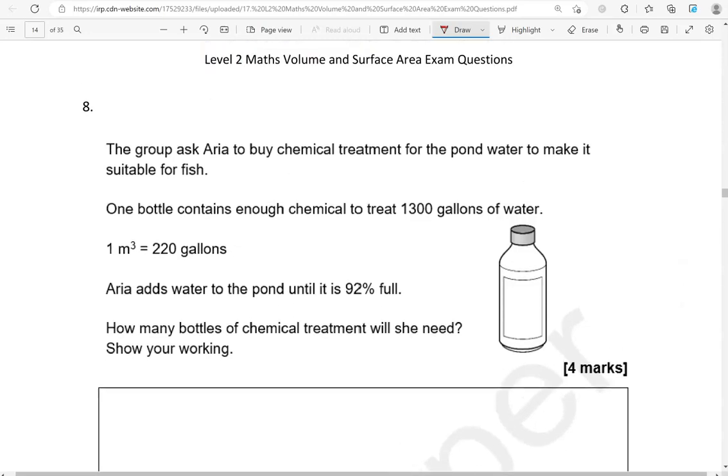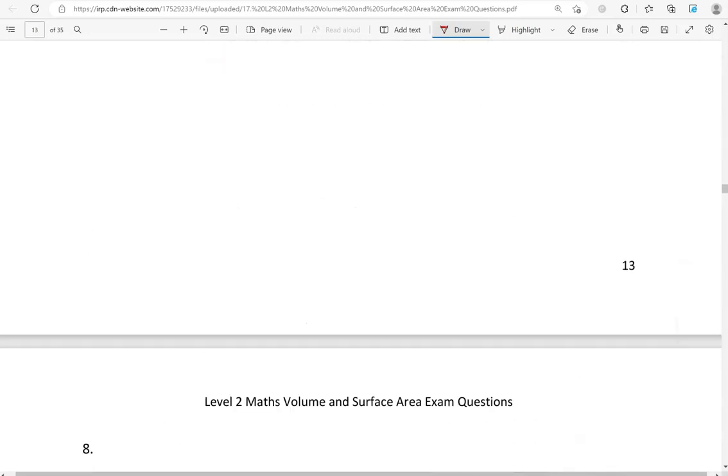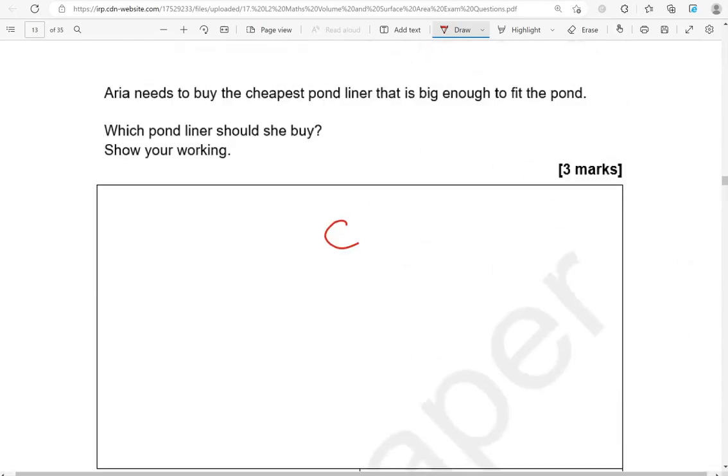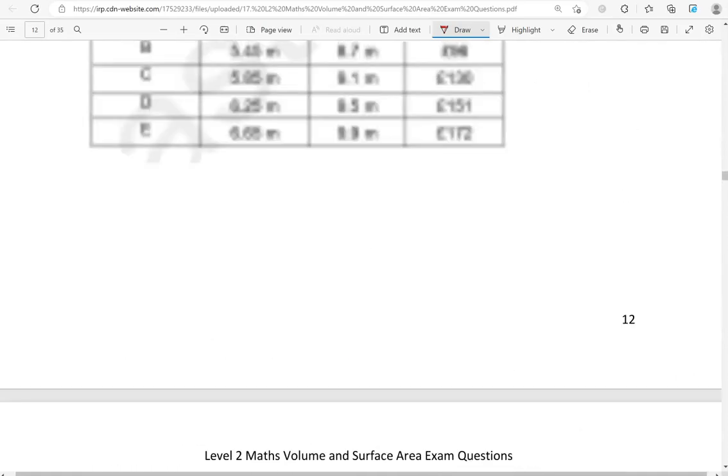So we've got to work out the volume of the pond. So we've got the dimensions.